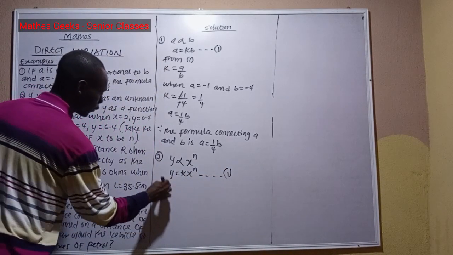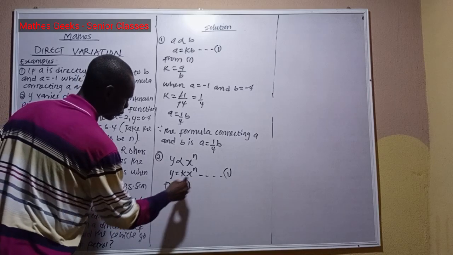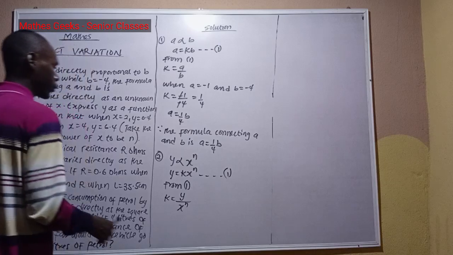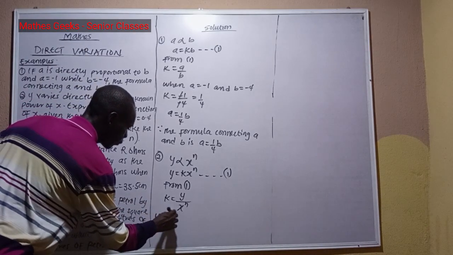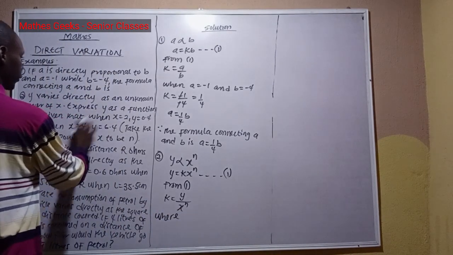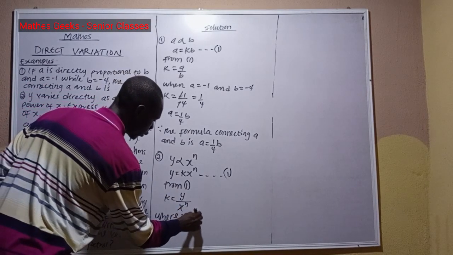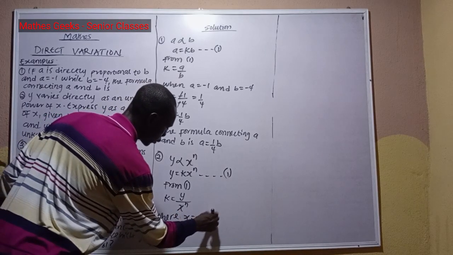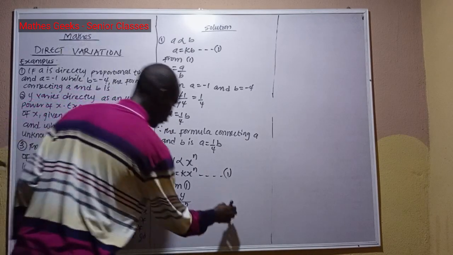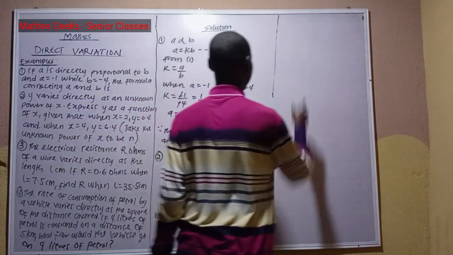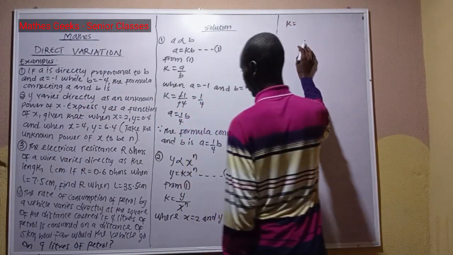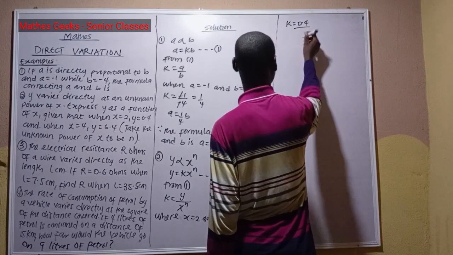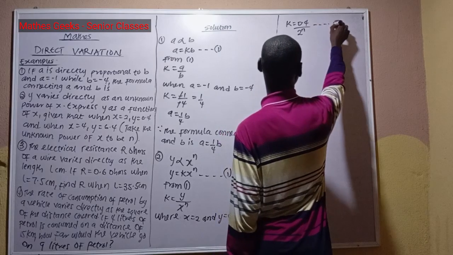Equation 1. So from 1, k is equal to y over x raised to the power n. So where x is 2 and y is equal to 0.4, k is equal to 0.4 over 2 raised to n, equation 2.